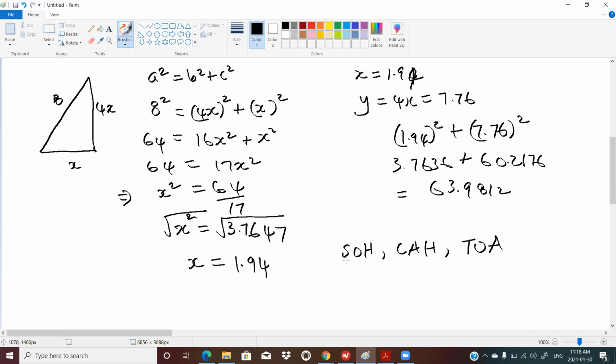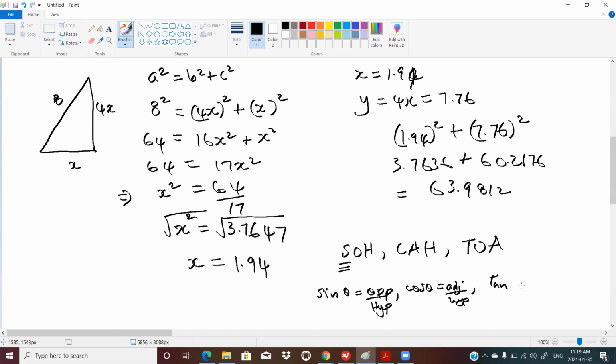So this is saying the sine theta is equal to the opposite side over the hypotenuse. And then the cosine theta is equal to the adjacent side over the hypotenuse.